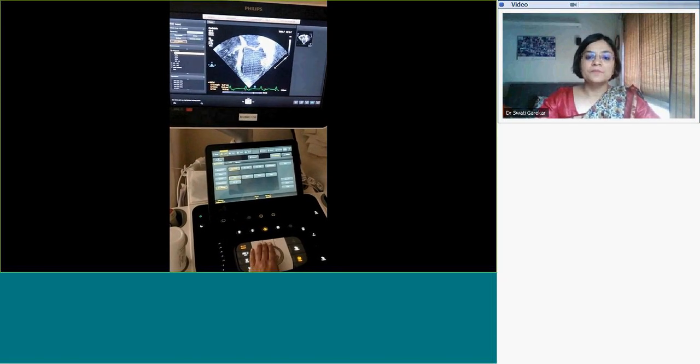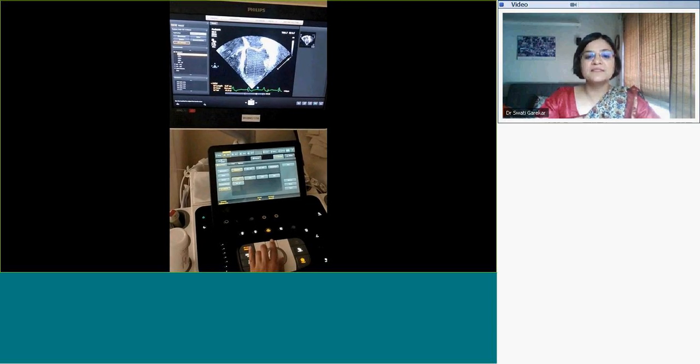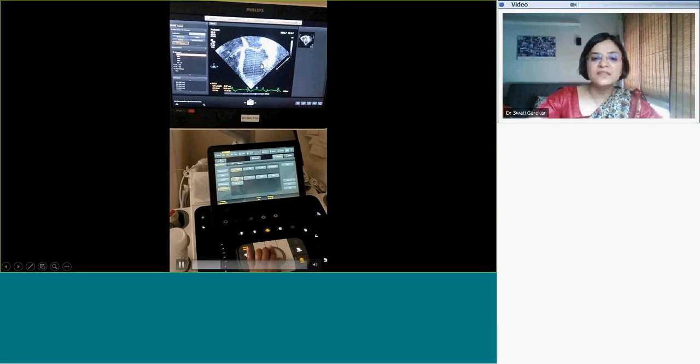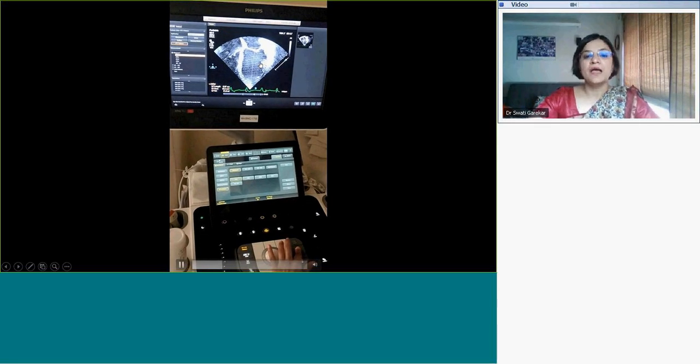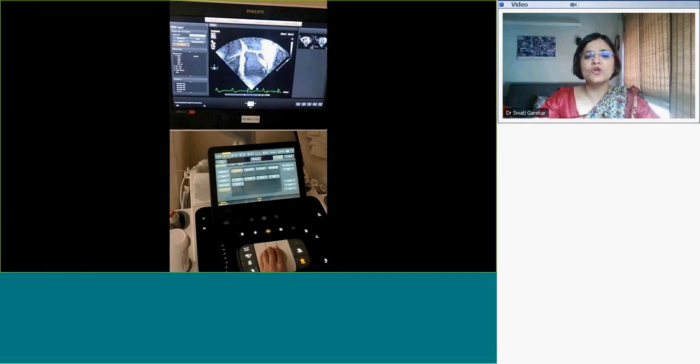Just as it closes, that's when the LV volume will be the most, so it will give out a tracing, and then you go ahead and optimize it. Make sure you include the papillary muscles within the cavity of the LV, and scroll to get your smallest volume, and that's your systolic frame.